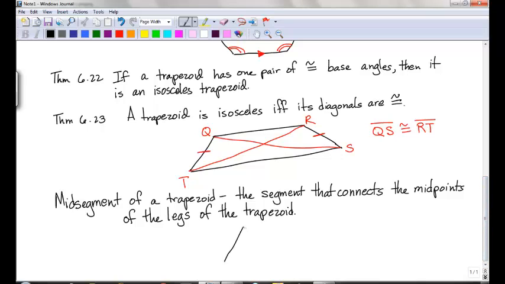Let's look at a picture. Remember it's a trapezoid, so these are still parallel. That line would be the mid-segment. This is congruent to this, and this one is congruent to this one. It connects the midpoints of the legs. So this would be a midpoint of this leg, and this would be a midpoint of this leg.